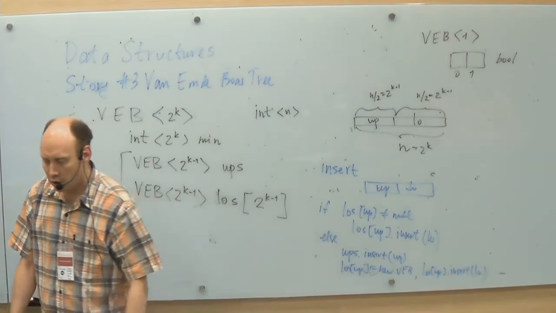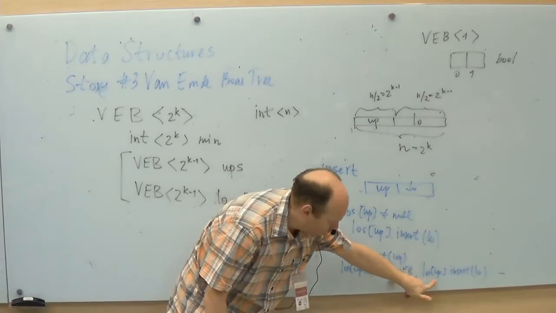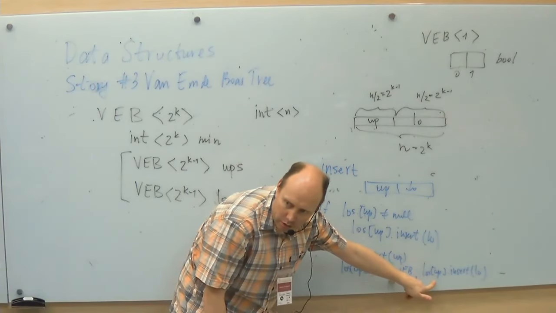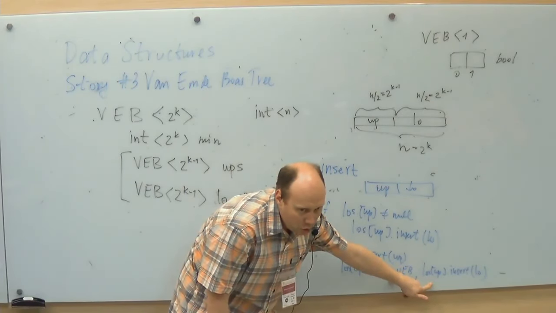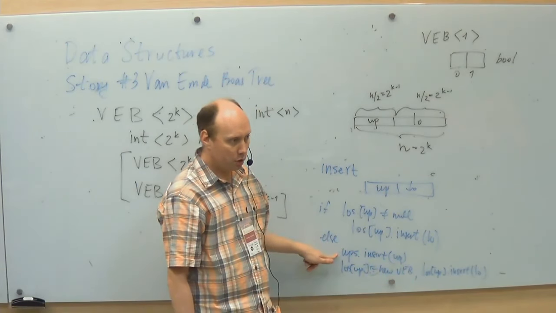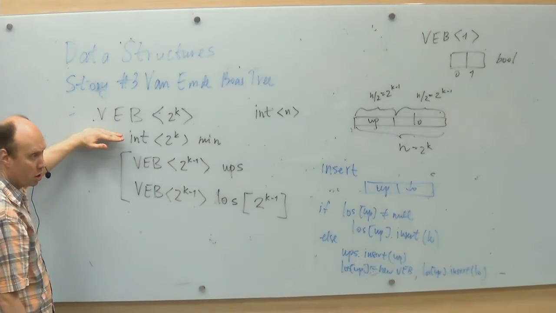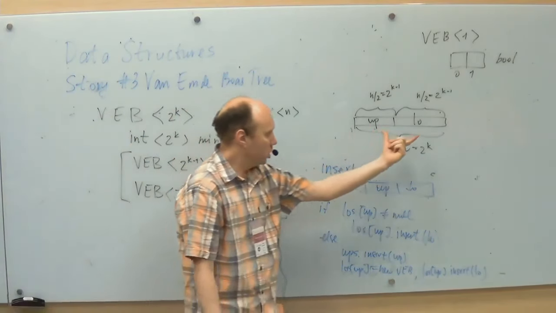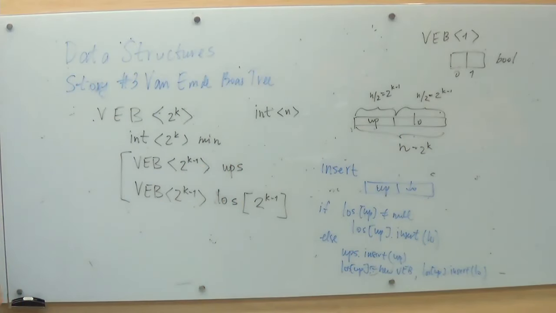But the trick is that in this case, this insertion is very fast, because this was an empty tree, and so we just put it to minimum, so it's constant time. And in both cases, we have only one recursive call to a tree that has twice shorter keys. So in logarithm, the depth is only logarithmic.